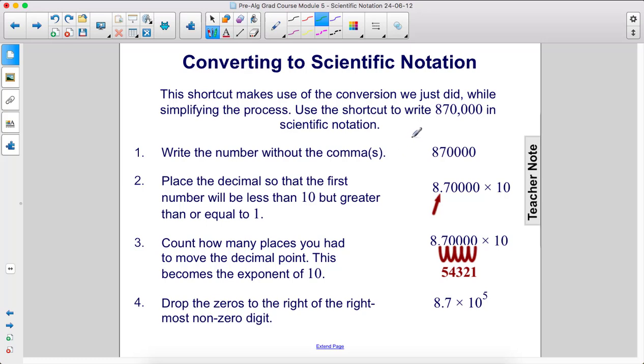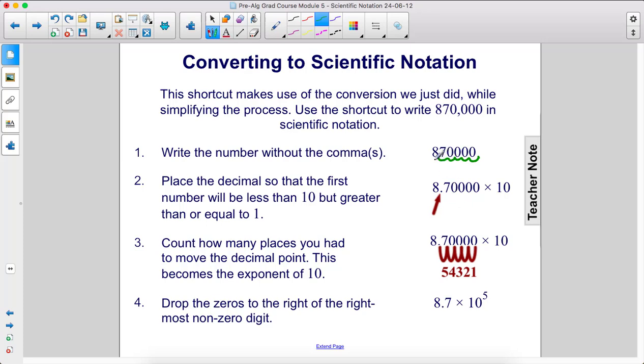Use the shortcut to write 870,000 in scientific notation. So first, write the number without the comma. Then place the decimal so that the number will be less than 10 but greater than or equal to 1. So just remember that right now the decimal isn't shown, but it is right here. So we're going to move it to the left 1, 2, 3, 4, 5 places.